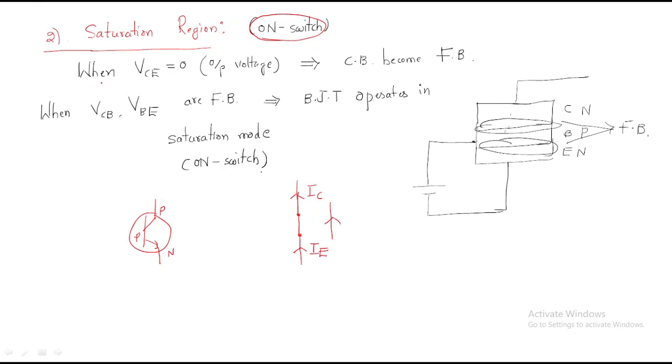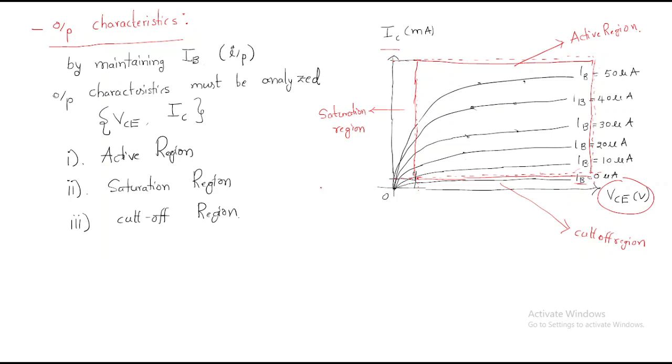If you observe this diagram, the current increases when VCE, the output voltage, becomes approximately zero. The current is in the rise position.